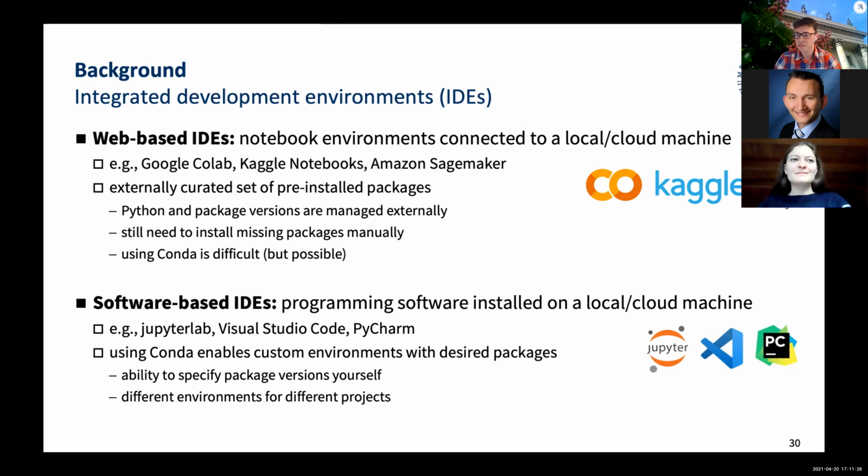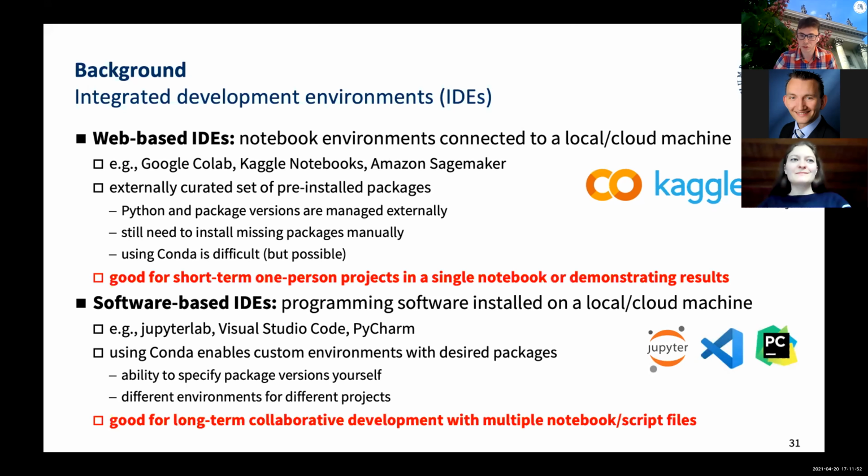There are many solutions that are popular. And in that case, when you have this access to the machine, you can install Conda, and then you can make advantages out of using it to really set up different environments and take full control over the Python and package versions in different projects.